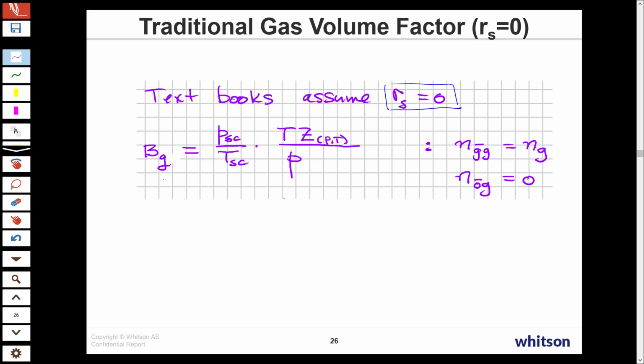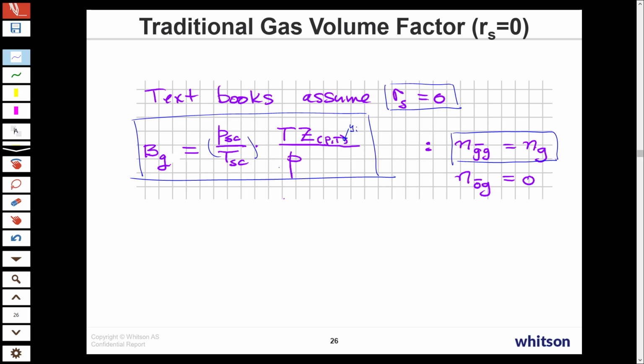And as a consequence, if you make this assumption that all of the surface gas is the reservoir gas, then from the real gas law and the ideal gas law put together, you get this classic equation for gas formation volume factor. It's this constant here times the temperature of interest, the Z factor, which is a function of pressure, temperature, also gas composition, of course, divided by pressure. So this is the classical equation of gas formation volume factor.